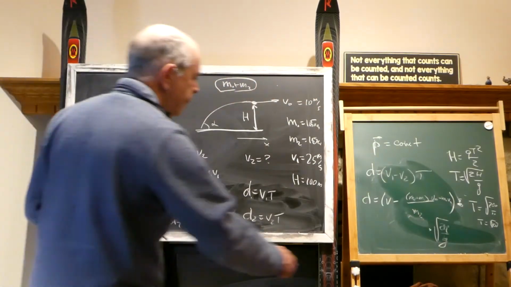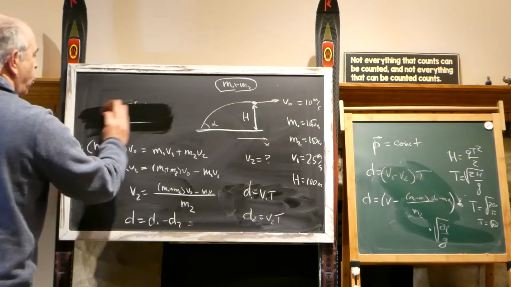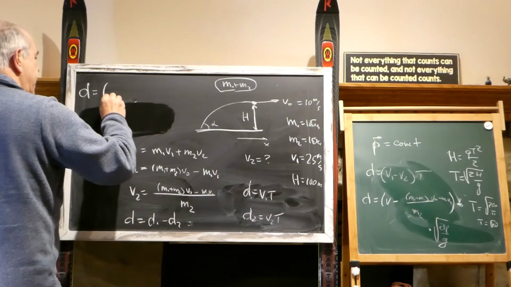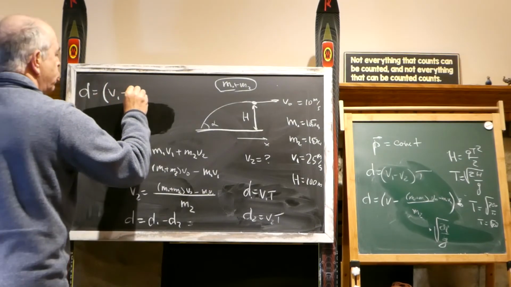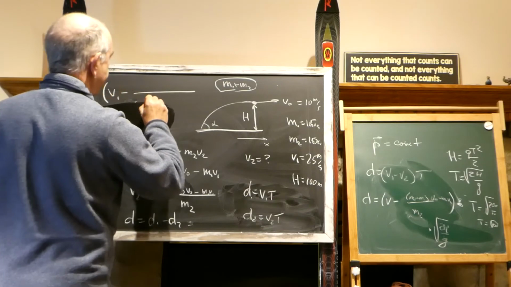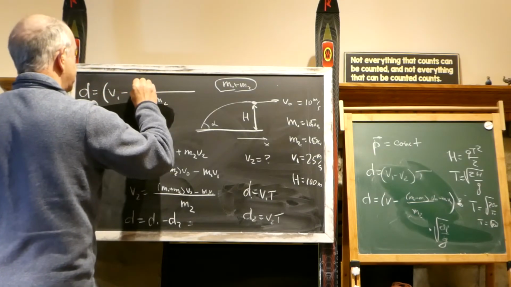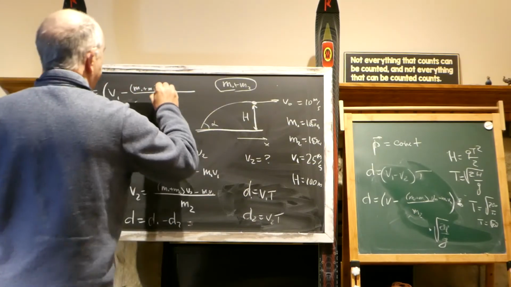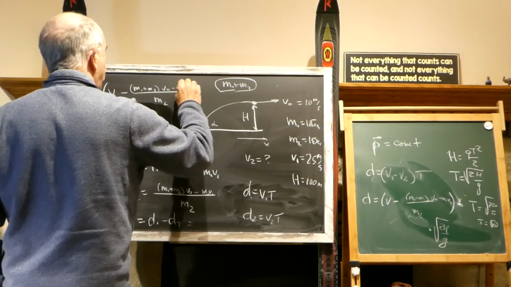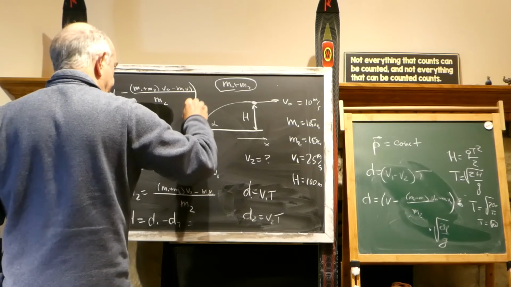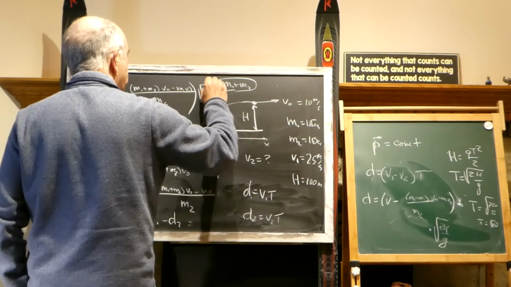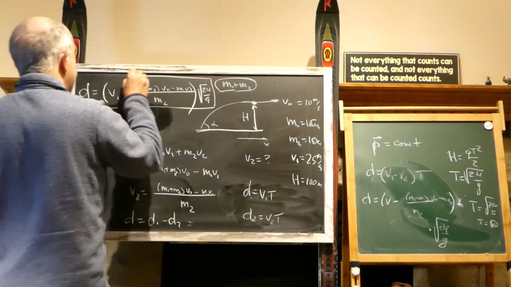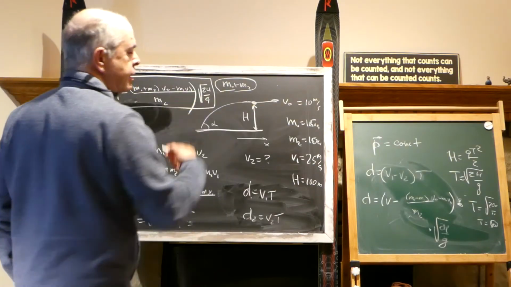I can write it in a little bit more polished form: the distance would be bracket v1 minus v2, and v2 would be here m2 over m1 plus m2, right, v0 minus m1 v1 bracket, times the square root of 2h over g. And then this is my result, and into this result I will plug those numbers.